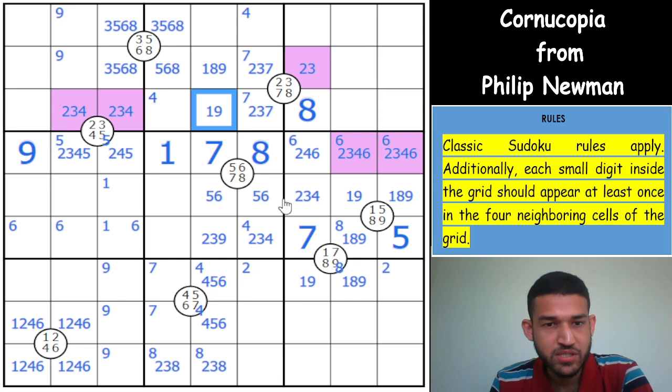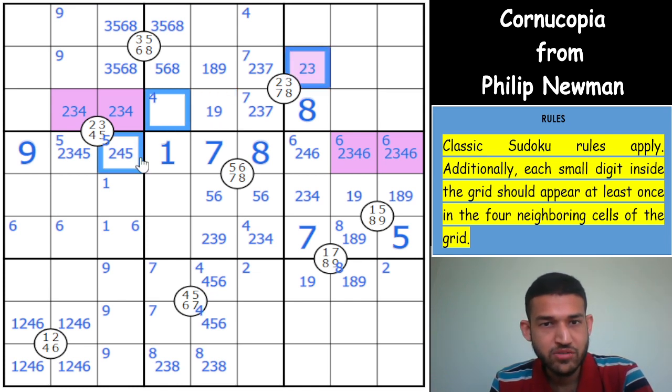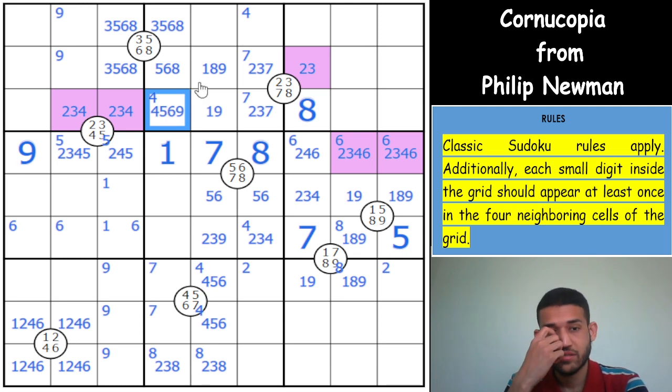I think we can use the same idea here. This is 2, 3, this is 2, 3, this is 2, 3, and this is 2, 3. Okay, this is also not a 2 and 3, so it has to be 4, 5, 6 and 9. 1, 7, 8, 2 and 3 are eliminated, so this is 4, 5, 6 and 9. Oof.